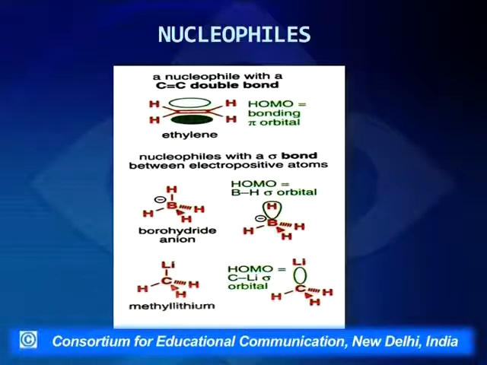Now what we see here is that this has a highest filled pi molecular orbital, and here the pi electrons will flow, whereas in the second example, in the boron hydride anion, the H minus will go off as a nucleophile, and this will go to an electrophile, which is this lithium, which has an unfilled orbital. It flows from here to here.